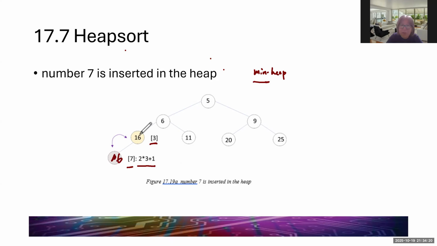So we place 16 here and we put 7 here. And then we check: is node 6 the minimum value among its subtree? Yes. And all of the others still maintain. So we need to swap to keep the minimum requirement.